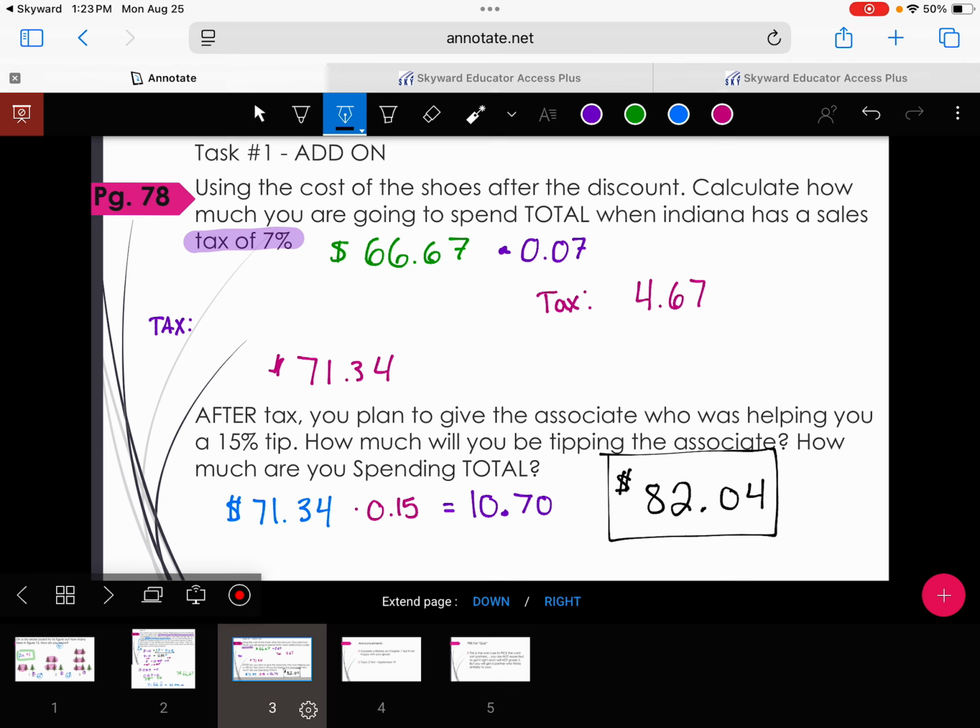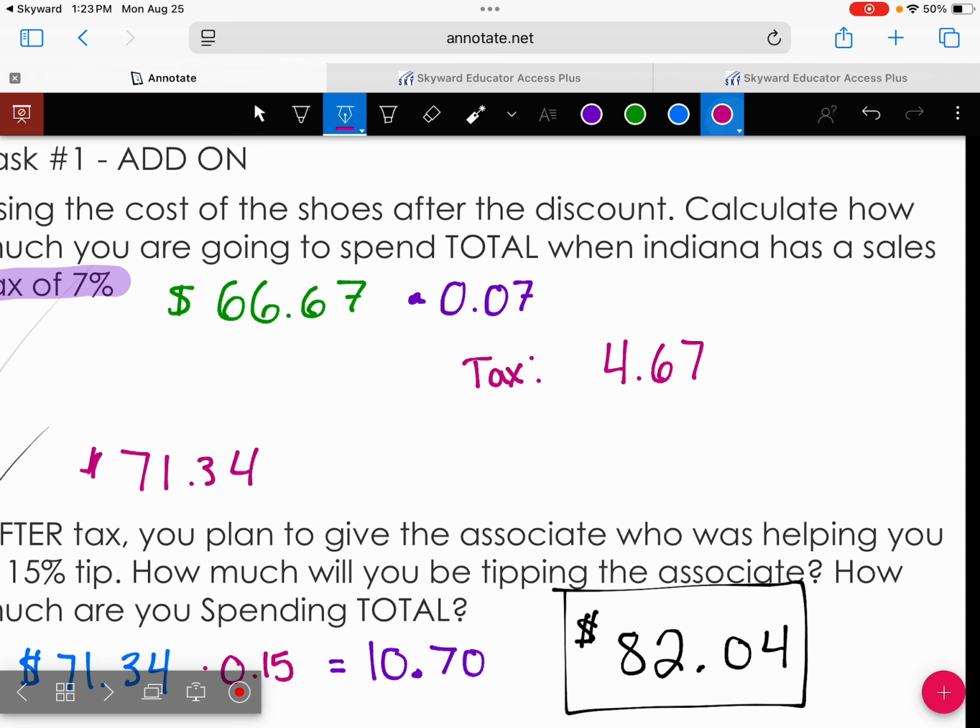Okay, so everything we're gonna be doing in this chapter is going to have equal signs in it. We could do these all with equal signs. This was our 66 times 0.07 equals our 4.67.